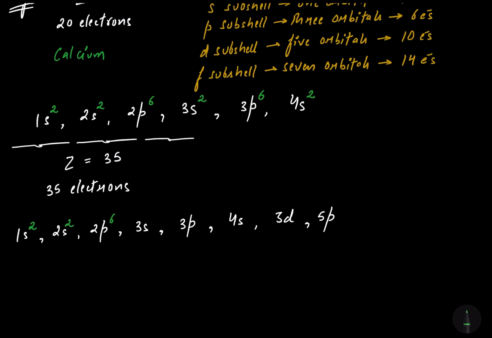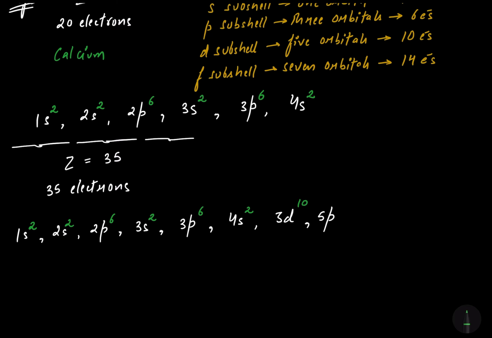So now let's move forward. Now is the turn of 3s. Now 3s will acquire 2 electrons. Then is the turn of 3p. Again p subshell acquires 6 electrons. Next is the turn of 4s. Now s subshell acquires only 2 electrons. So here we got 20 electrons completed. So now let's come to 3d. 3d acquires a maximum of 10 electrons.